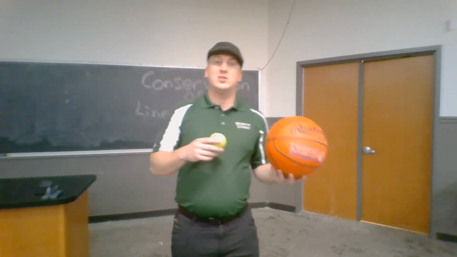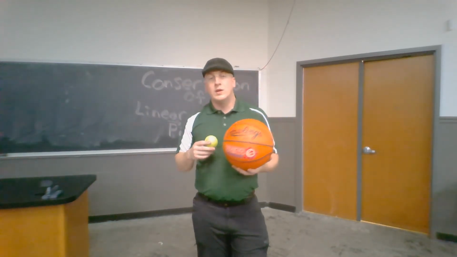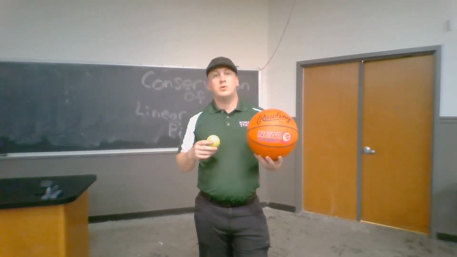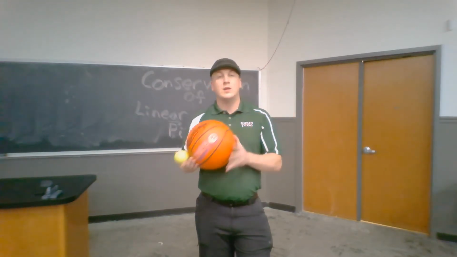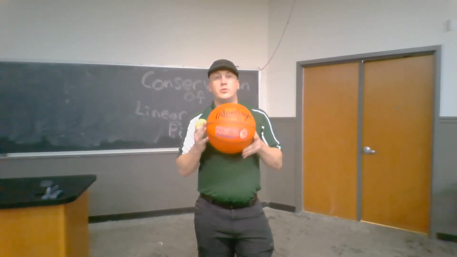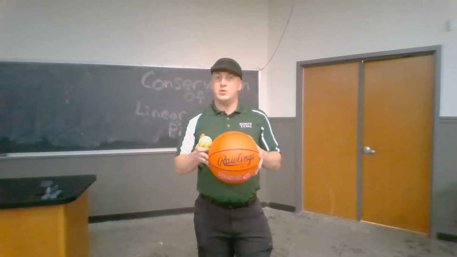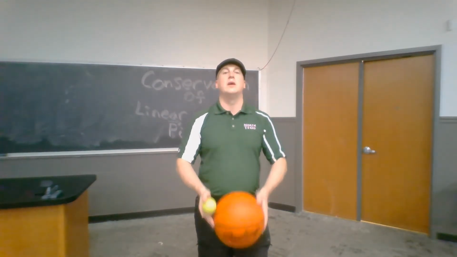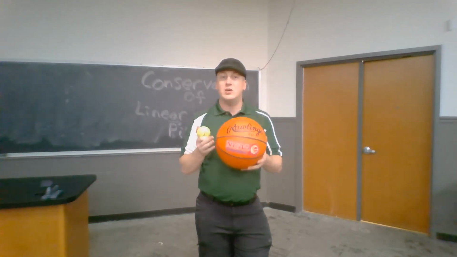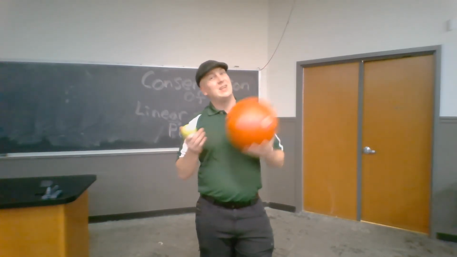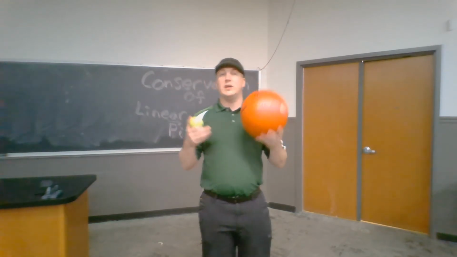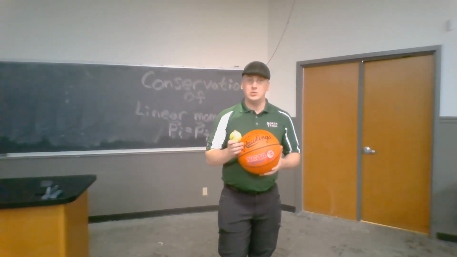Now remember, impulse is defined as big J, and it's equal to the force over the change in time. Or in this case, it's equal to the change in momentum. So hopefully, if it's a perfect impulse, the basketball will bounce off the ground with the same momentum. That's not going to actually be true in real life, but it's going to be relatively close.